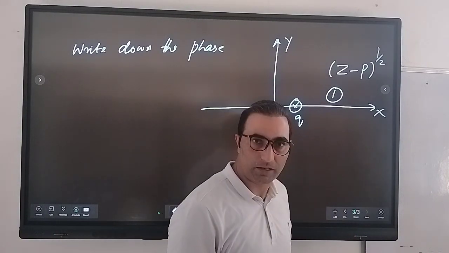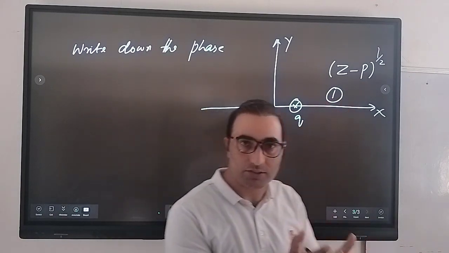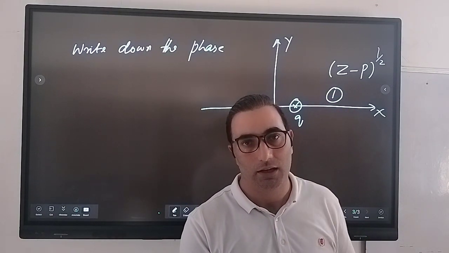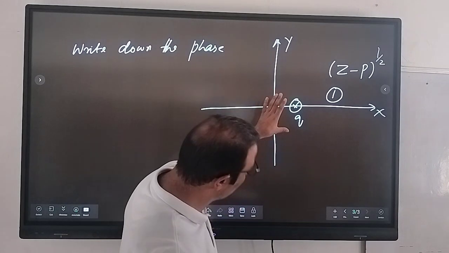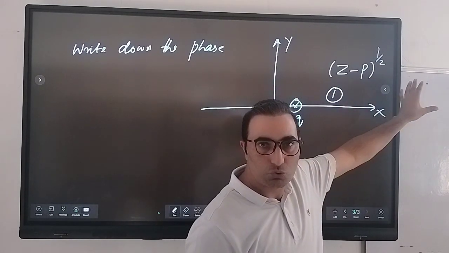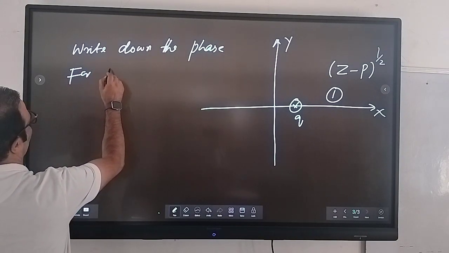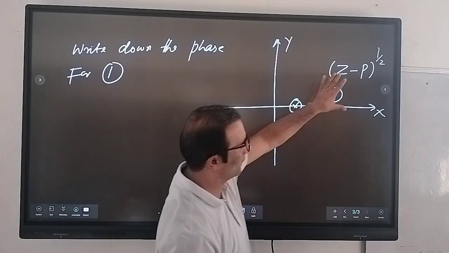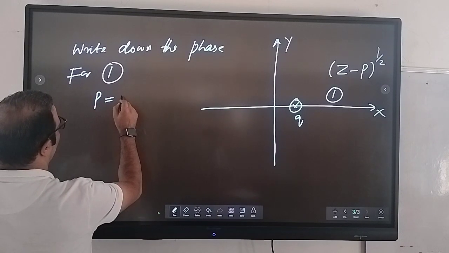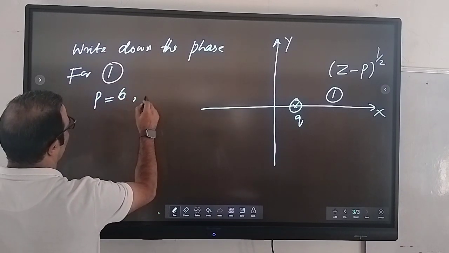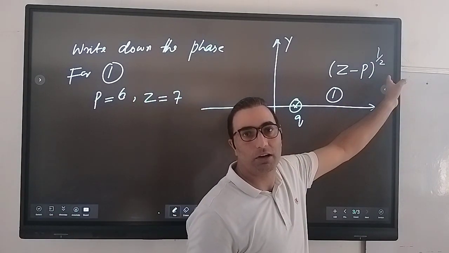In this region we will see: when you write down the function, it will be the modulus of the function times e raised to i times the phase. That is the value of the function in this region. Since p is some positive integer, for example if I take p equal to 6 and z equal to 7, then z minus p raised to the power 1 by 2 will be 1 raised to the power 1 by 2.